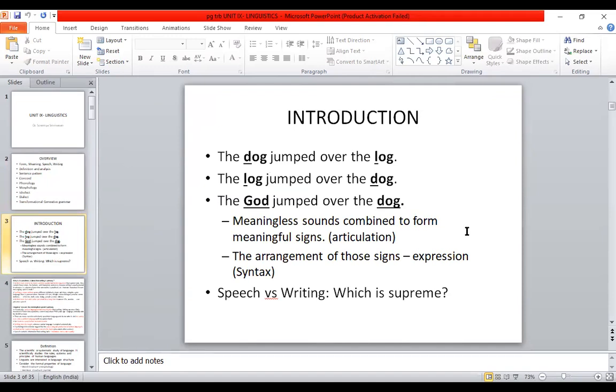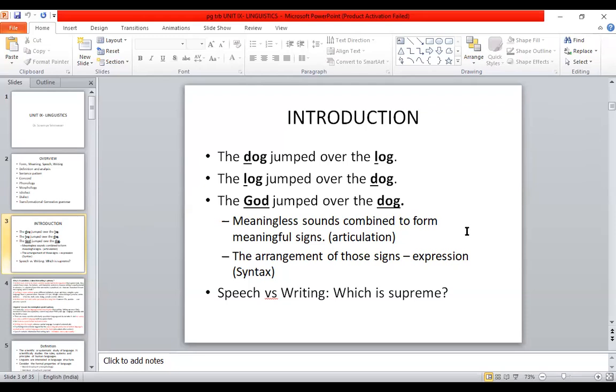Look at the first sentence. The dog jumped over the log. Now I have underlined the first letters of the two words dog and log. Now, how exactly did the difference arise, that a dog meant an animal and a log meant a piece of wood?